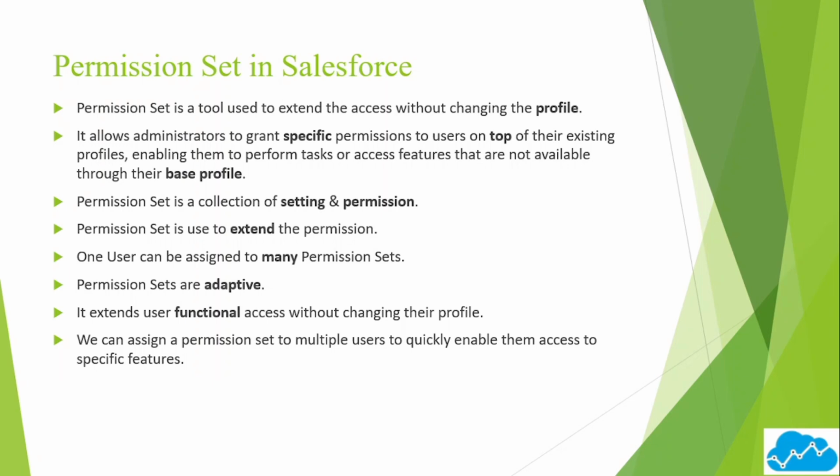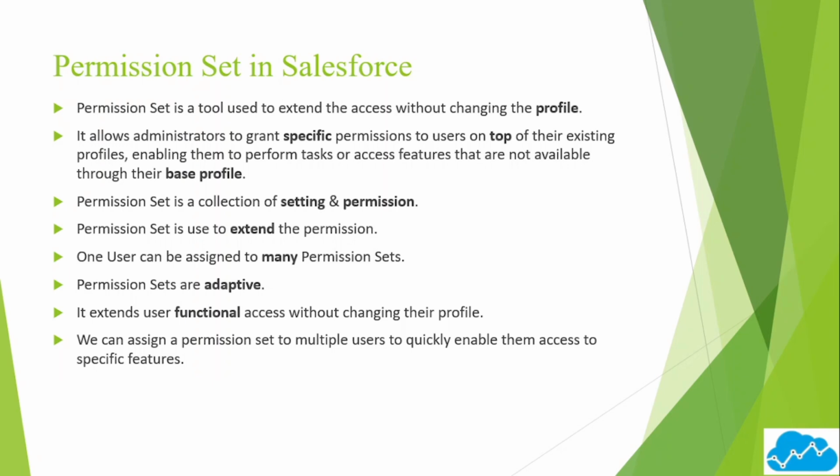So either we can go for that particular user and create a new profile and then assign it, or simply what Salesforce suggests, you can create a permission set and assign it to that particular user. Don't go and create a new profile if someone needs some extra permission. So a permission set is for giving some extra permission.